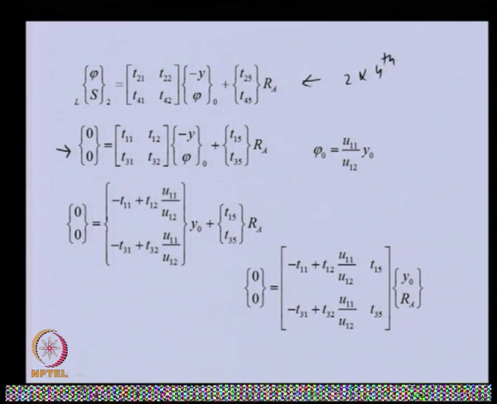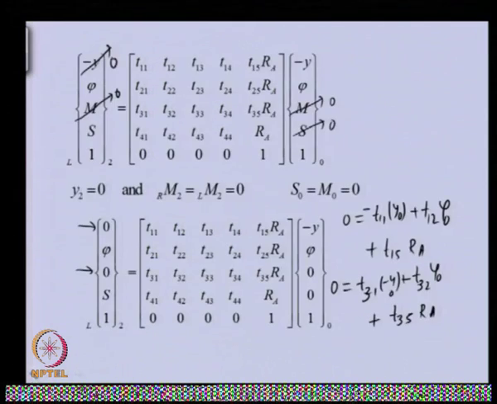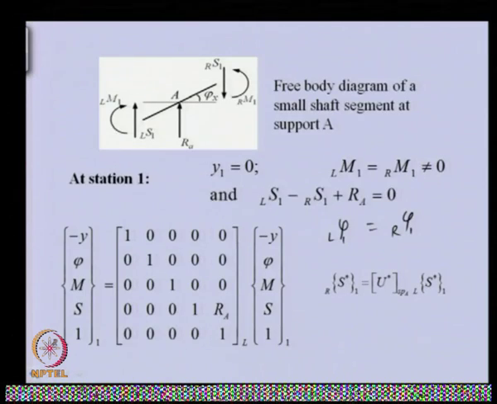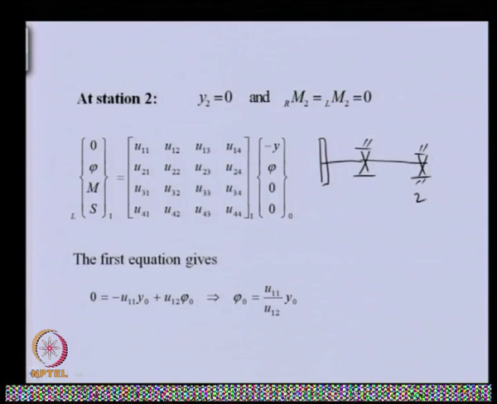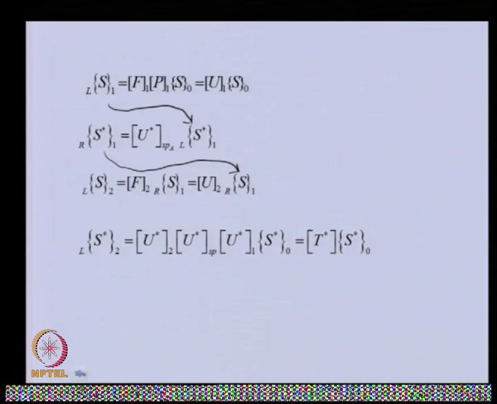Earlier, if you remember, we had the state vector at the 0 station related by this expression. Let us see that relation again. This is the relation which we developed earlier, and we will be using this equation here.